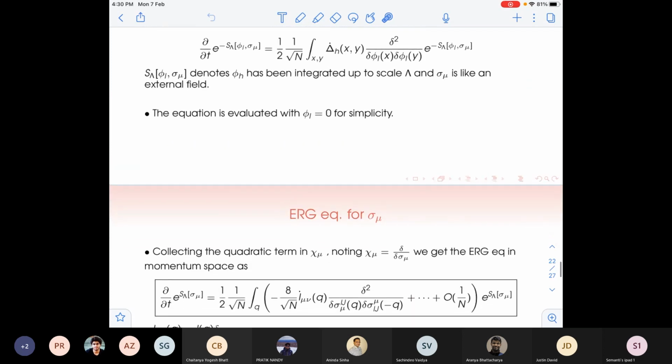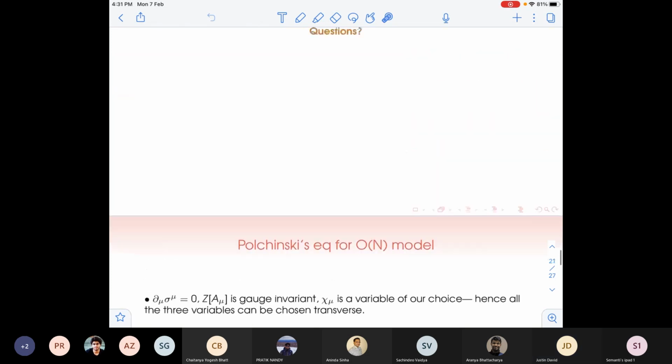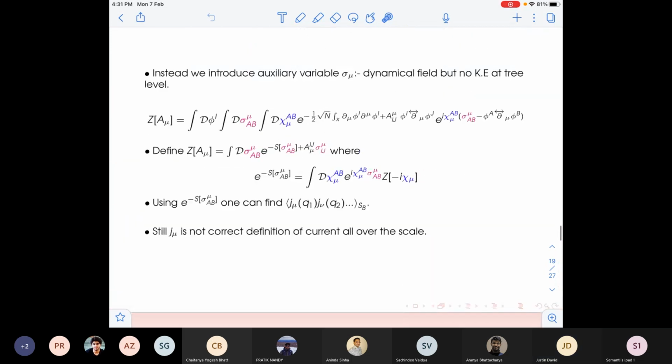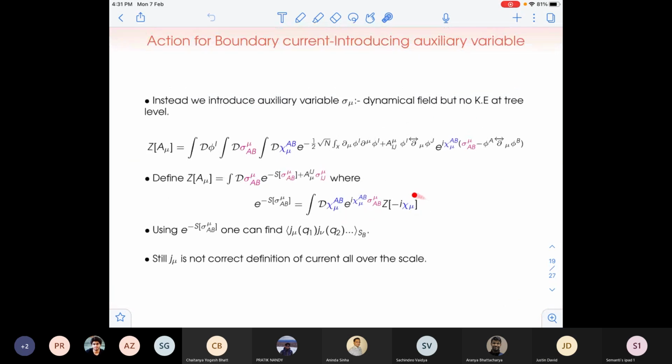Whenever we are finding e to the power S lambda, there is always a chi mu which comes with the delta function which defines sigma mu equal to the current. So we collect quadratic terms in chi mu, and at first order we can replace chi mu with delta by delta sigma mu, because S of sigma mu is defined in this way.